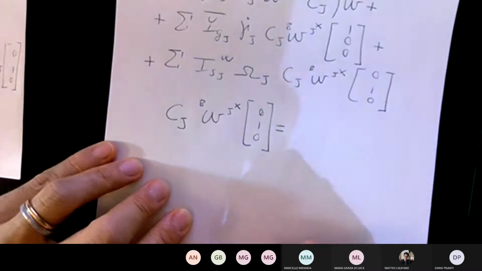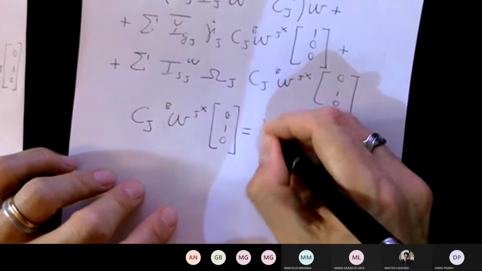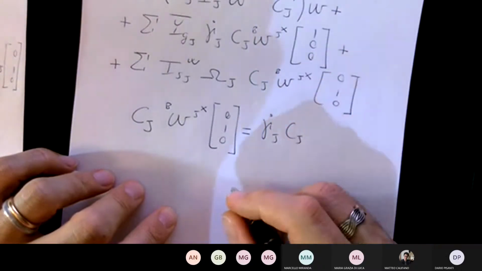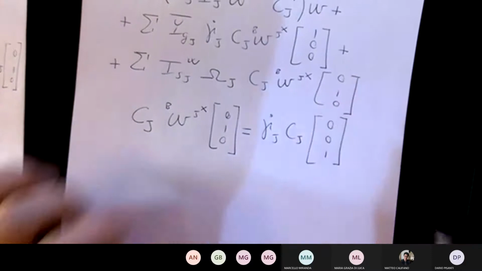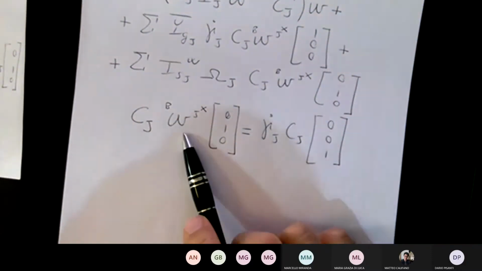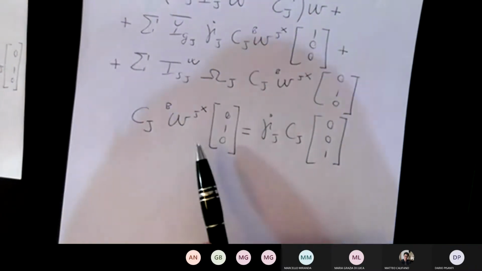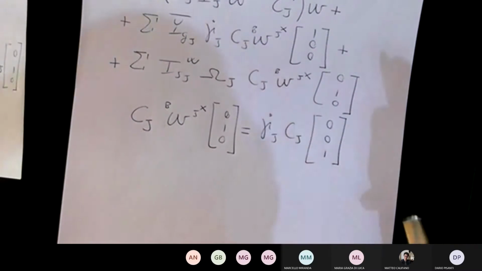Well, this is equivalent to gamma J dot Cj 0, 0, 1. It's just a function of the fact that this is a skew symmetric matrix. We'll shuffle the order of things here, and so that's what you're going to get. You can easily show that.